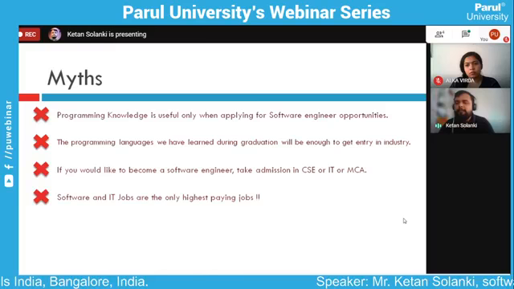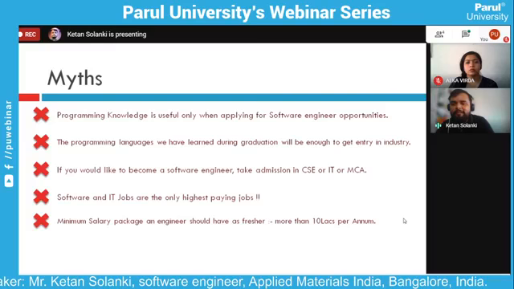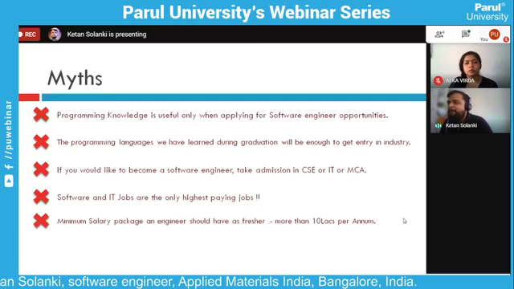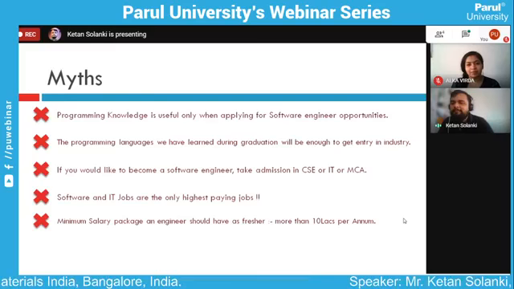Then there is the myth of the fresher engineer, which, starting from the first semester, is the famous one for all students: that the minimum package as a fresher should be 10 lakh per annum. This is a tricky myth because we always dream of a higher package. We always think 10 lakh per annum is the best.